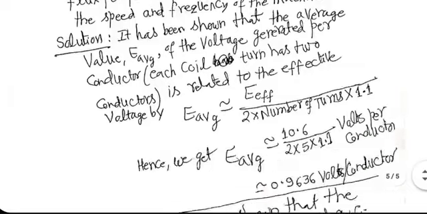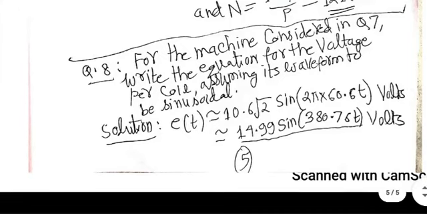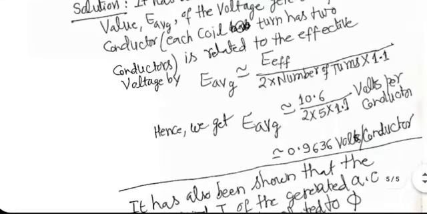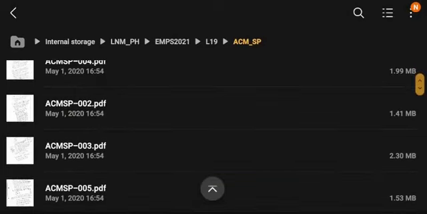RMS value is 10.6 volts. So 10.6 multiplied by square root of 2 is the peak value, and the rest is very easy to figure out. I'm assuming that the gradient is positive at t equal to 0. Now the next set of problems is this one.